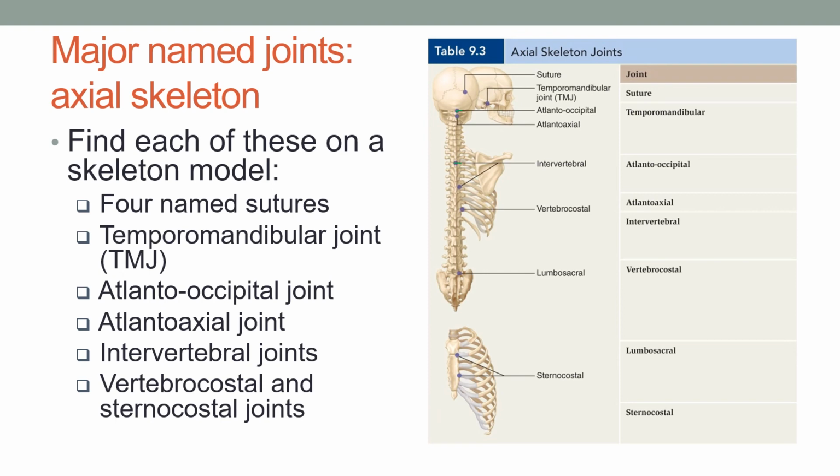Where a thoracic vertebra meets a rib, there is a vertebrocostal joint. At the bottom of the lumbar spine, there is the lumbosacral joint. There are also sternocostal joints, where the sternum meets the ribs, and costochondral joints, where the ribs meet their cartilage.